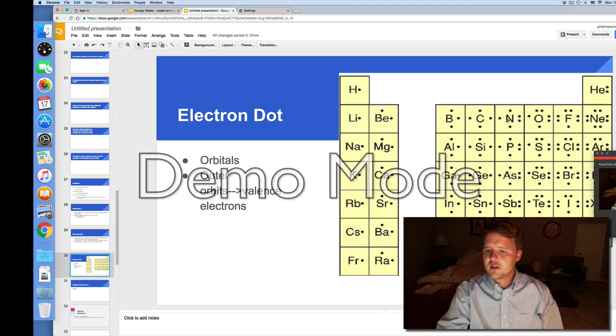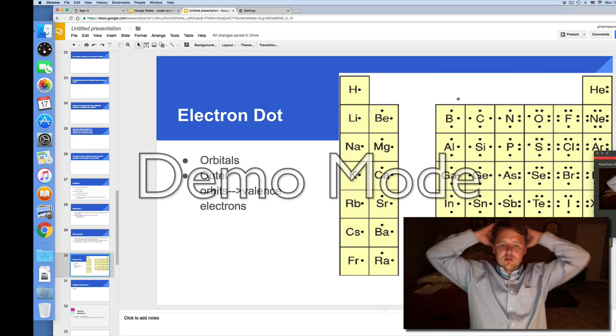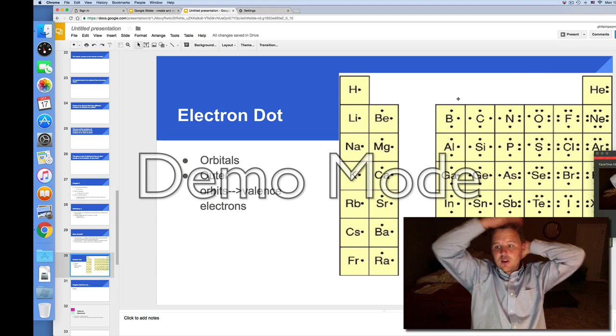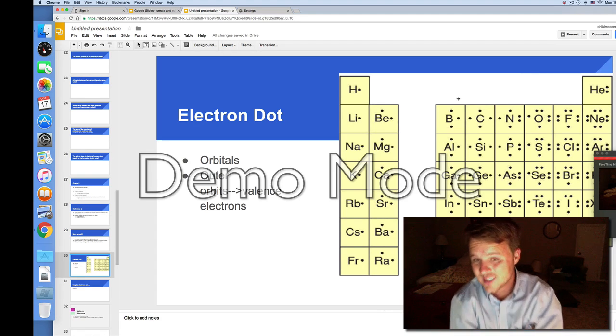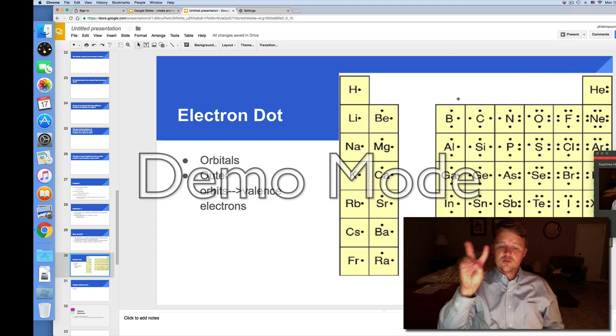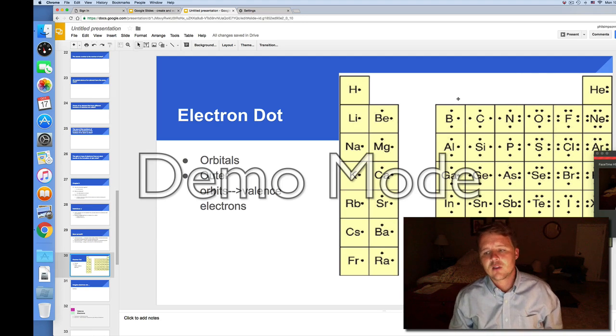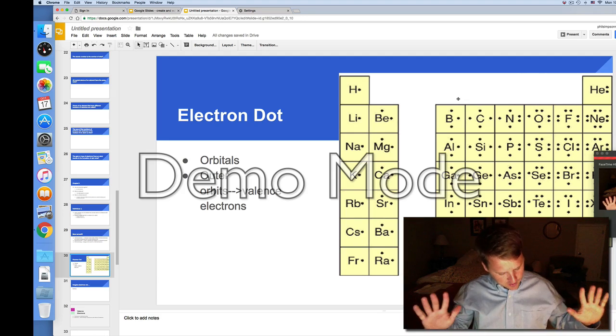Boron has 3 dots. Nitrogen has 3, 4, 5. As you go from left to right in the periodic table, you go from 1, 2, 3, 4, 5, 6, 7, 8, except helium up here, because that top level, to complete their octet, you only need 2 electrons. And that'll complete their shell, and they're happy.